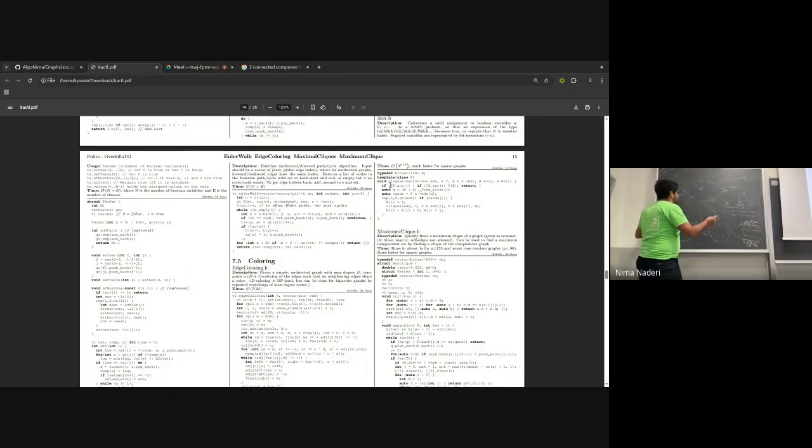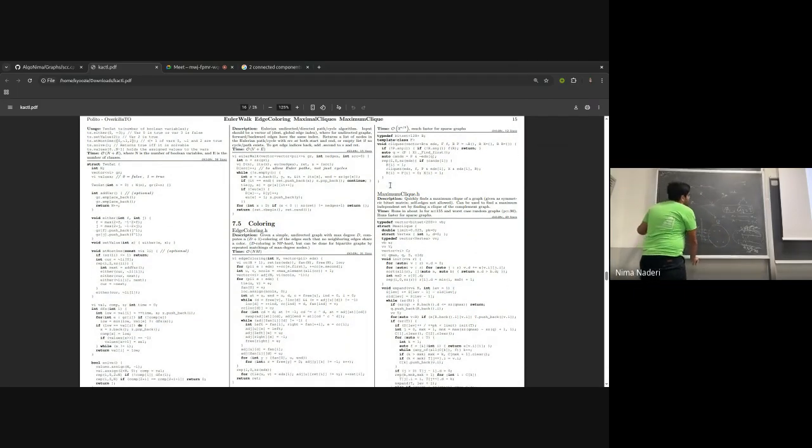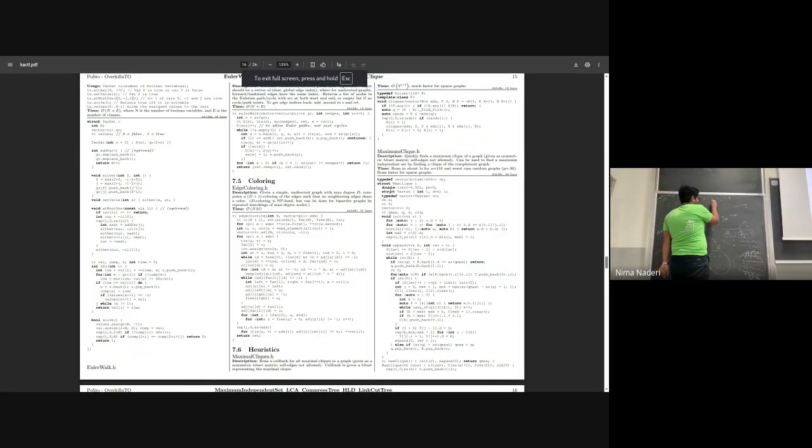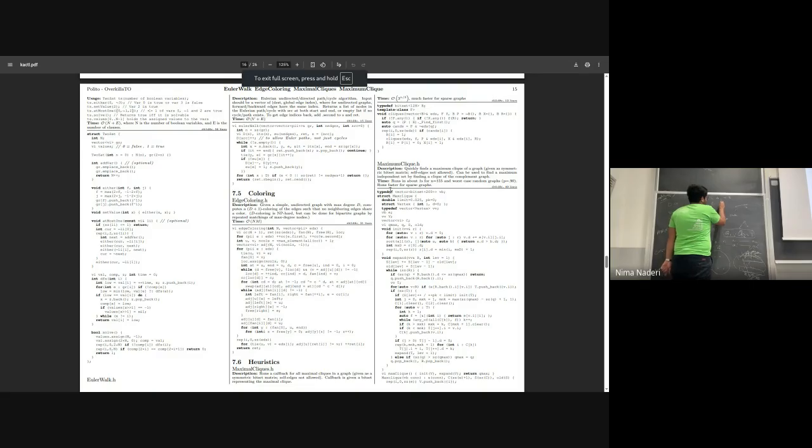Let me give you some examples. If we say that A1 or A2 should be 1, it's equivalent to say that if not A1, then A2, and if not A2, then A1.